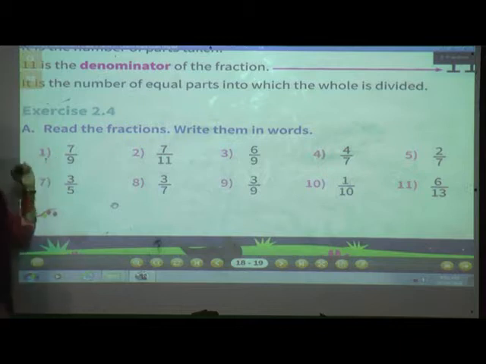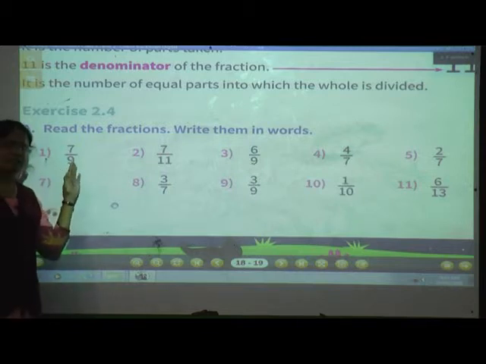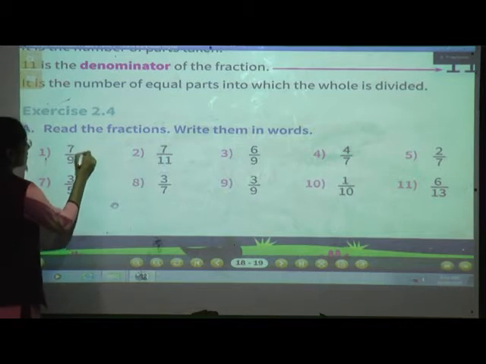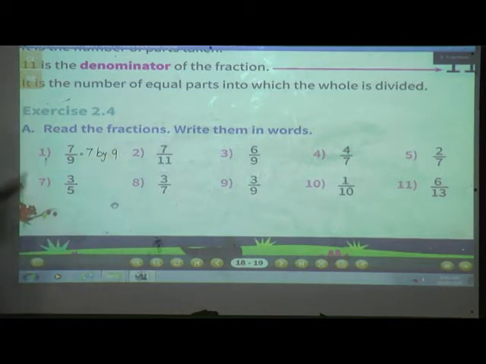How will you read this fraction? Here, the first fraction you can see. Yes, 7/9. So here you have to write 7/9. Now in this fraction, what is the denominator?